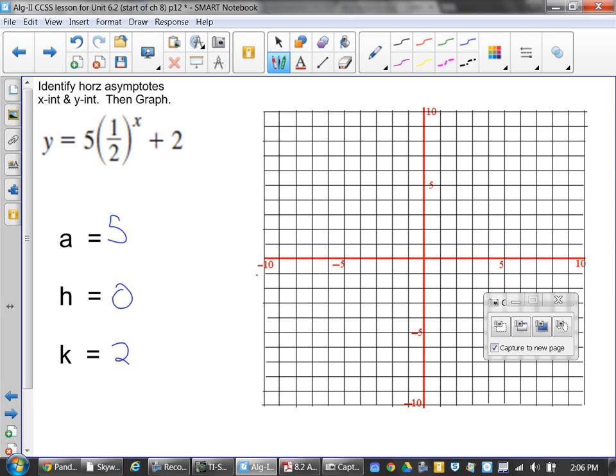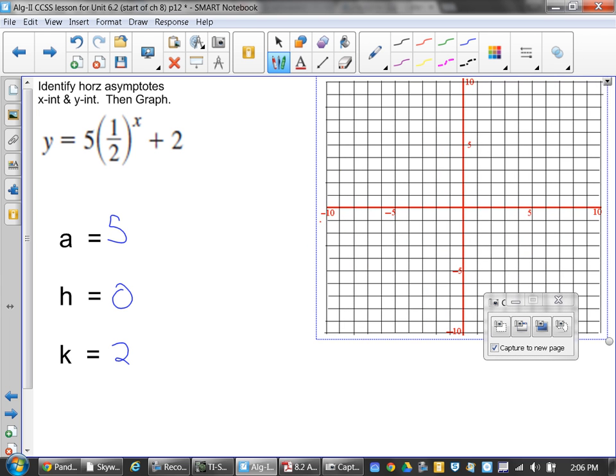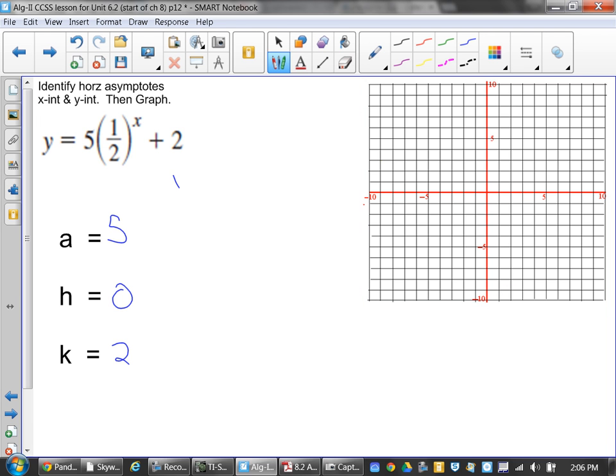Yes. Your parent function is always going to be y equals a b to the x. Nothing else. All right. In this case, it's 5 times 1/2 to the x.